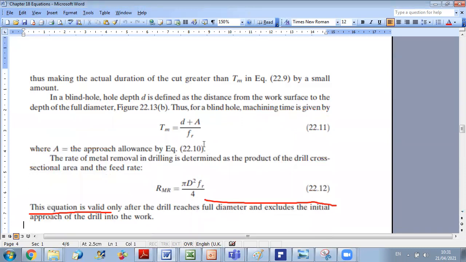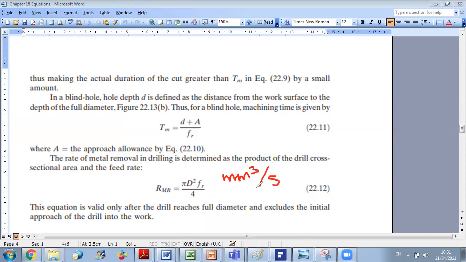Okay, now for the removal rate, in case we want to find the removal rate expression, the removal rate in drilling can be determined as the product of the drill cross-sectional area and the feed rate. Why? Because you know that the removal rate unit is in millimeter cube per unit time, second or minute.